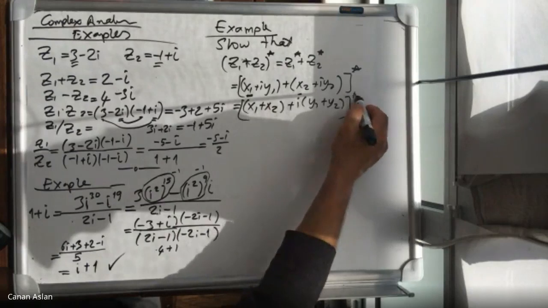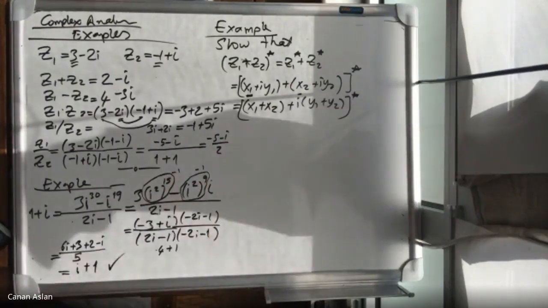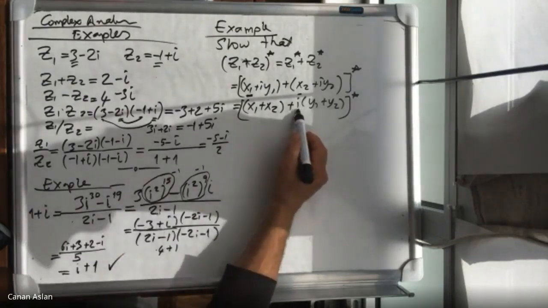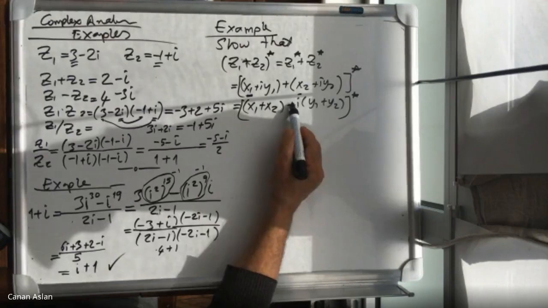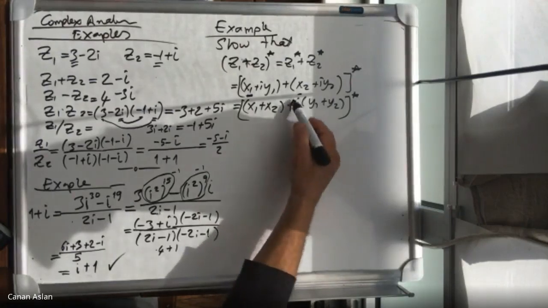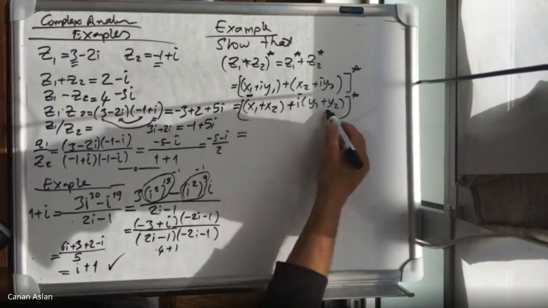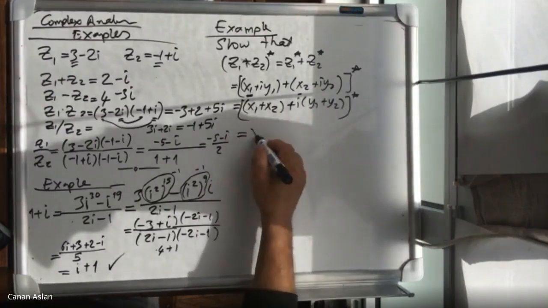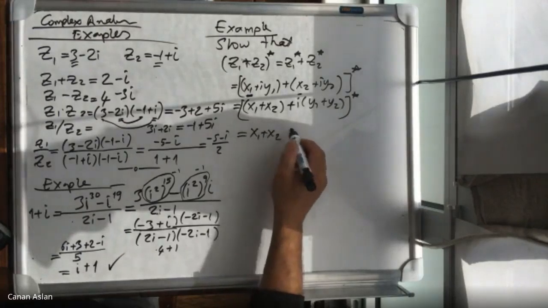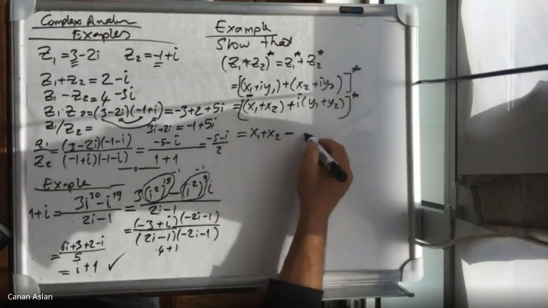Again we have to take the complex conjugate of it. So how can we get the complex conjugate of it? Remember that we have to change the sign of the imaginary part. So the complex conjugate of the whole thing is just keeping the real part exactly as is, and then changing the sign of the imaginary part.